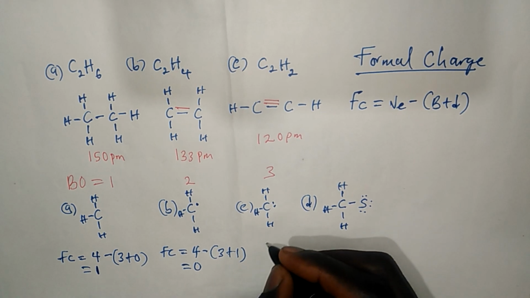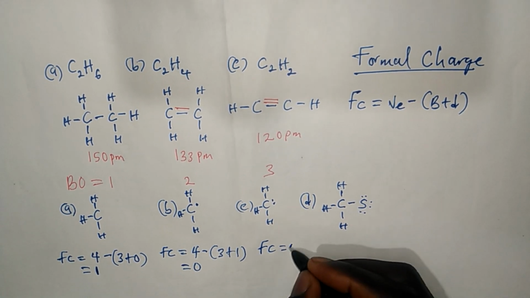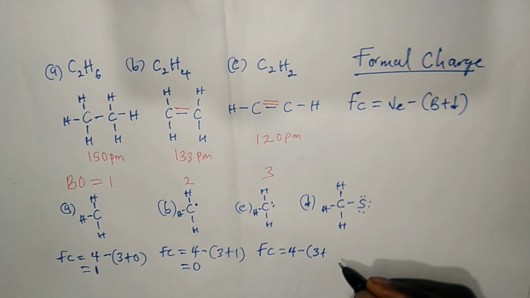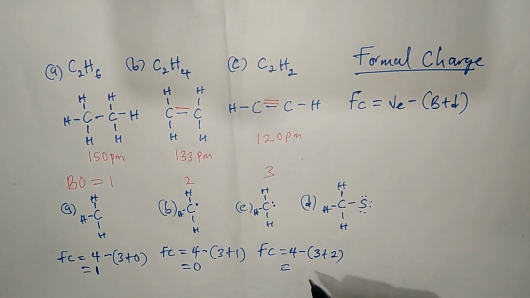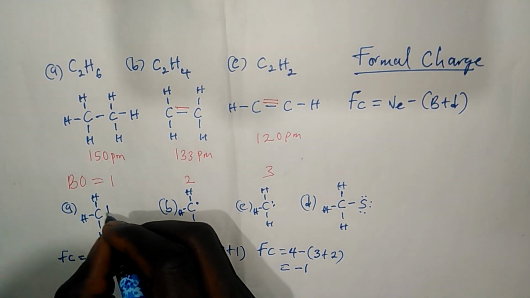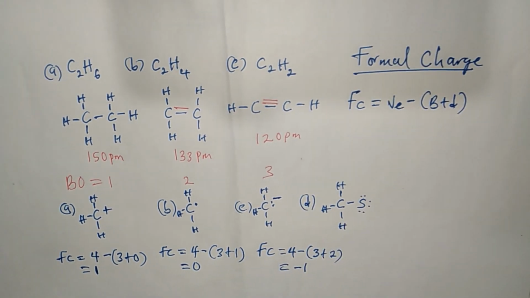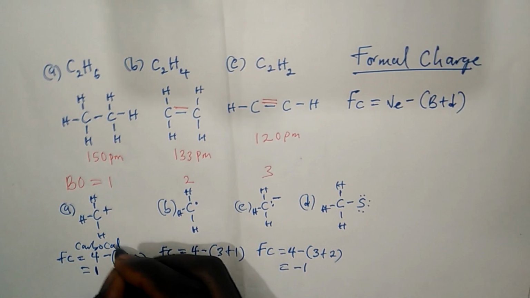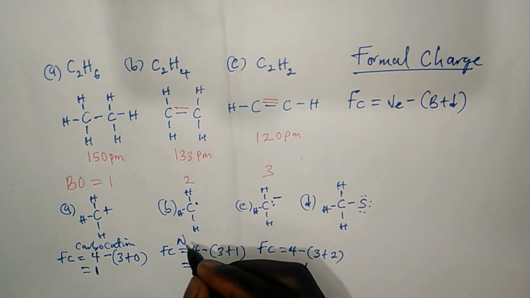Now for C, FC, carbon having 4 valence electrons minus 3 bonds minus how many dots? It has 2 dots. Therefore, what you get is minus 1. Now for compound A, we'll put a plus. For compound B, it's neutral, and for compound C we'll put a minus. Whenever you see plus, it's referred to as a carbocation. Whenever you see 0, it's referred to as neutral.